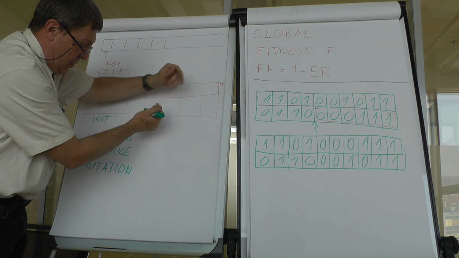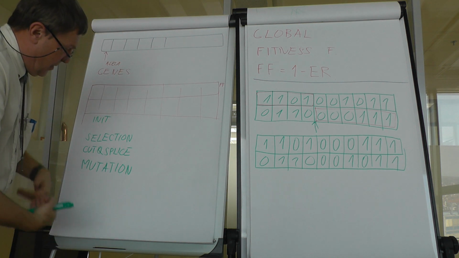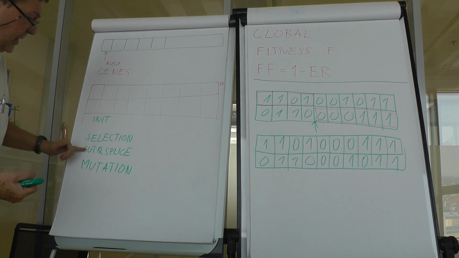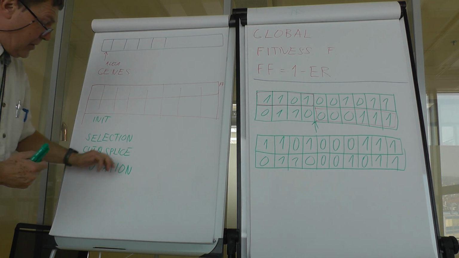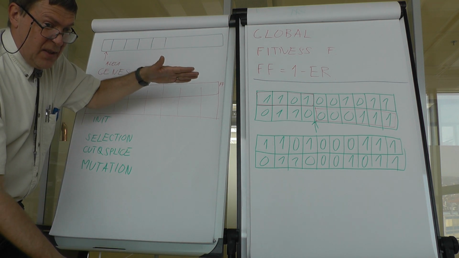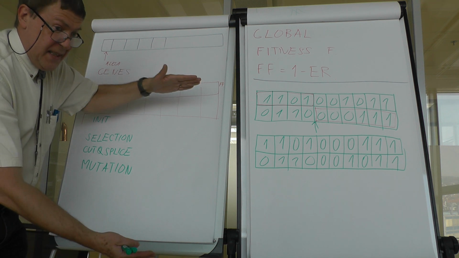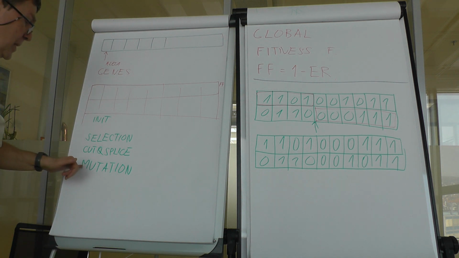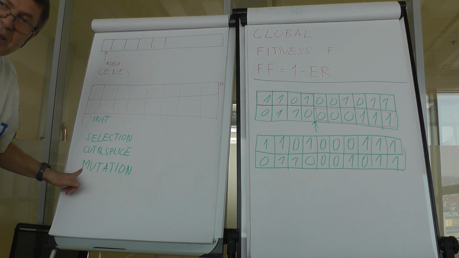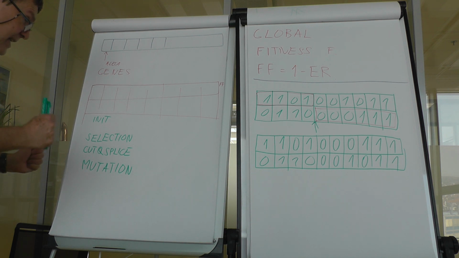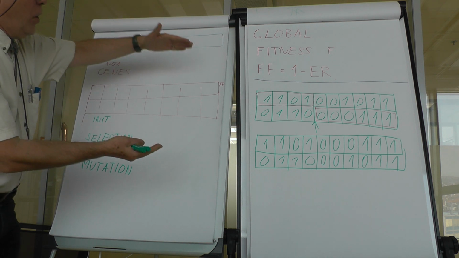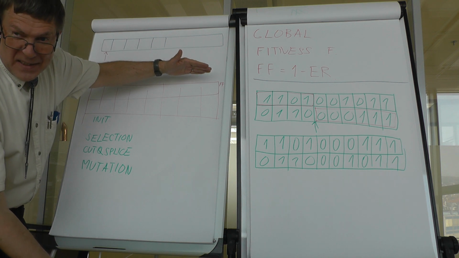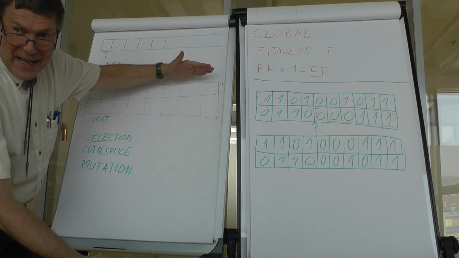genes. You now, using selection and cut and splice, generate, let's say, 200 pieces of offspring. Some of them are randomly changed by mutation, and then we have altogether 250 possible instances.